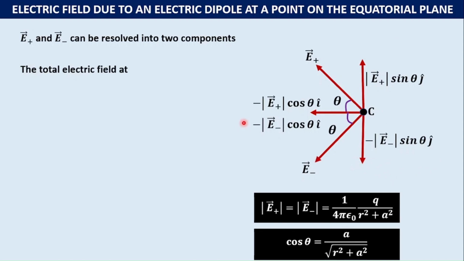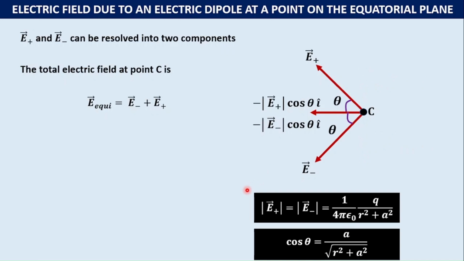The total electric field at C, E equatorial vector equals E minus vector plus E plus vector. Look here, the up vector and down vector cancel, and already these two vectors were resolved into their components. Now we are left with only two vectors along the negative x-axis, each: minus modulus of E plus cos theta i, and another one minus modulus of E minus cos theta i.